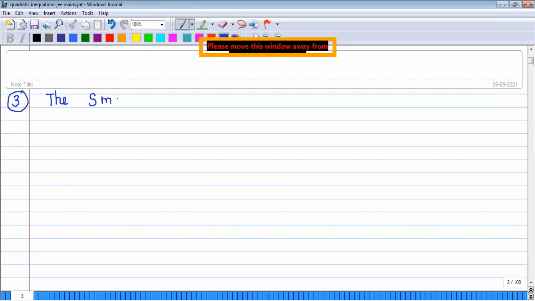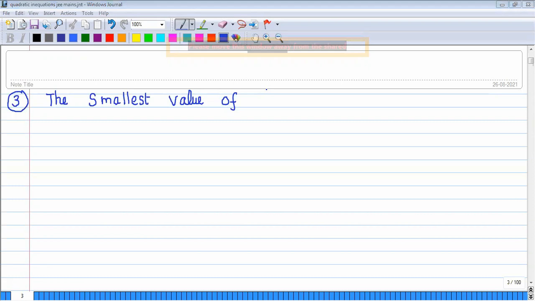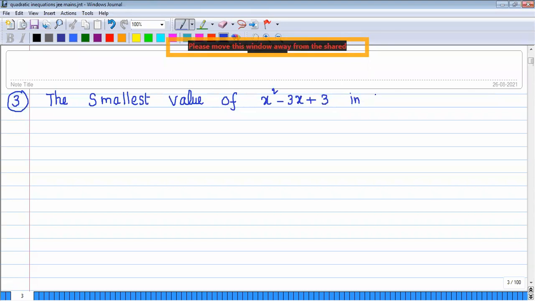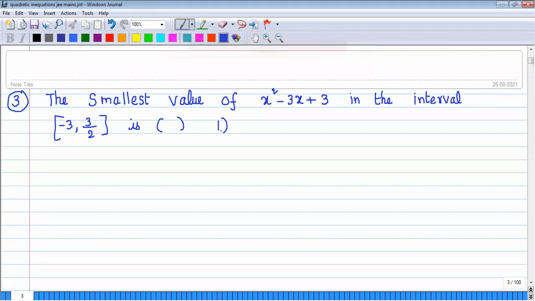The smallest value of x square minus 3x plus 3 in the interval that is minus 3 comma 3 by 2 is: first option is 3 upon 4.